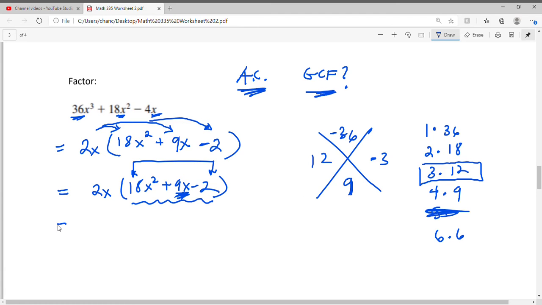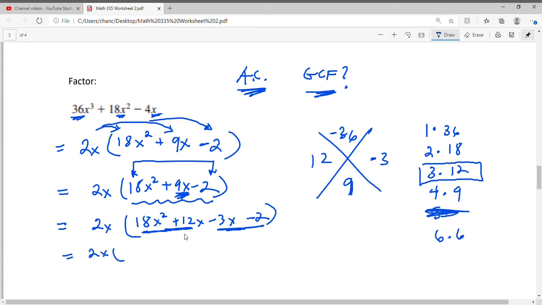So let's split the middle for my trinomial here. I'm going to write the front as 18x squared, and the middle here, the 9, is going to be split as 12x minus 3x minus 2. Now I can look at the first pair and the second pair and decide what they have in common.